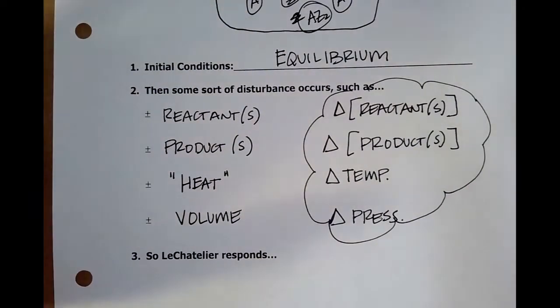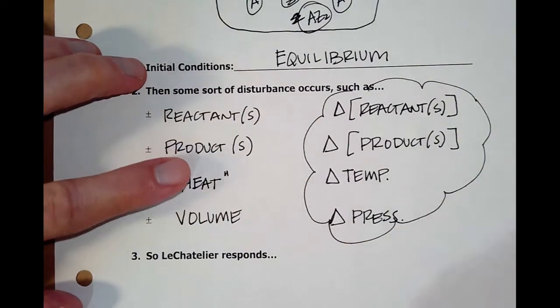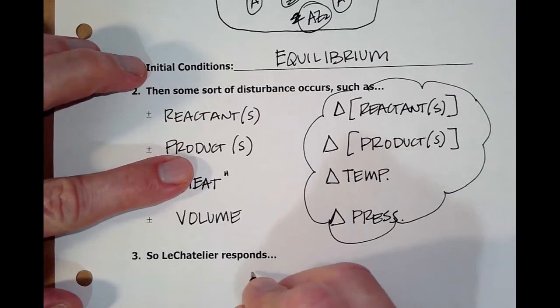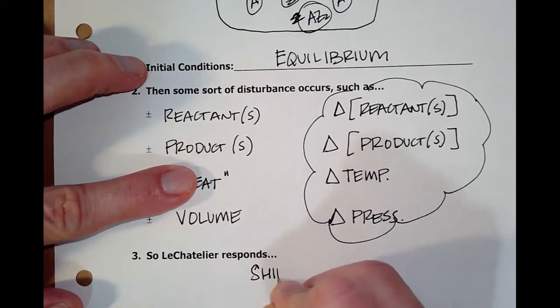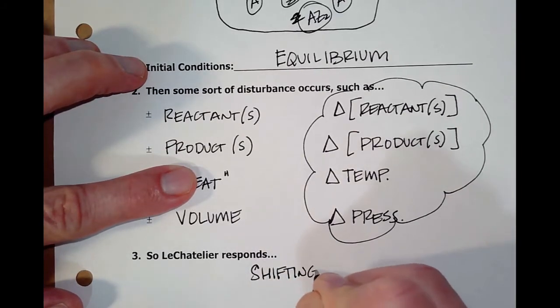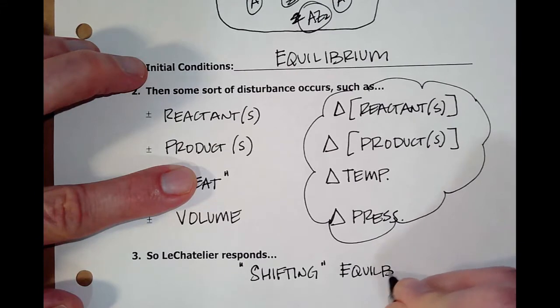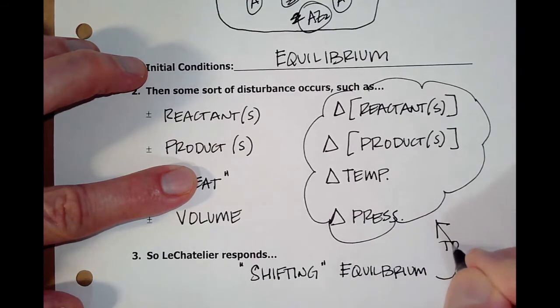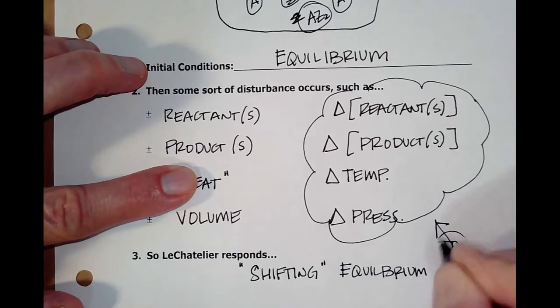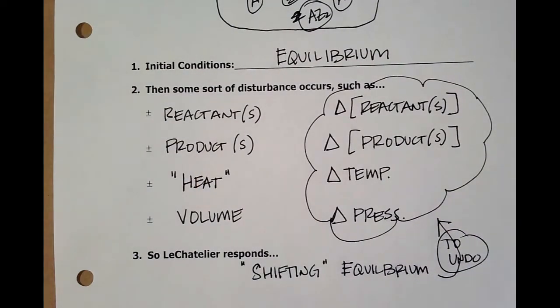LeChatelier said the equilibrium will, quote unquote, shift to undo those changes. So it responds by shifting, we'll see what that means in a minute, shifting equilibrium to undo all those changes.